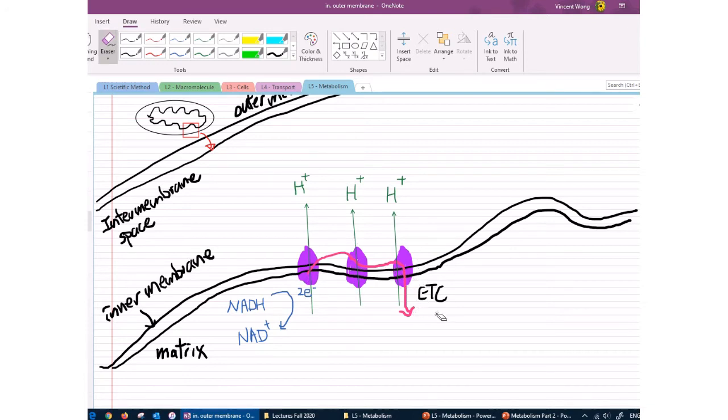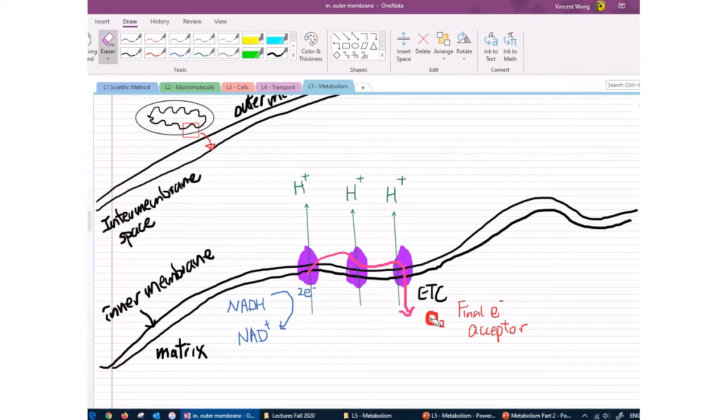So we must have something to take the electron away, and that something is going to be oxygen. Oxygen is called the final electron acceptor. Without oxygen, the electron will be stuck on the ETC, and you won't be able to do this any further. We must have oxygen to remove the electron from the bottom.